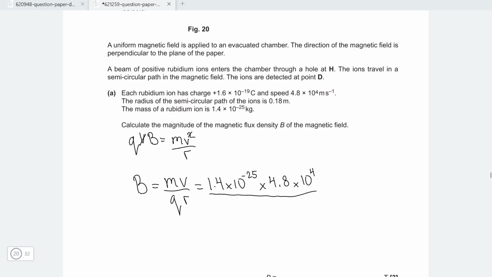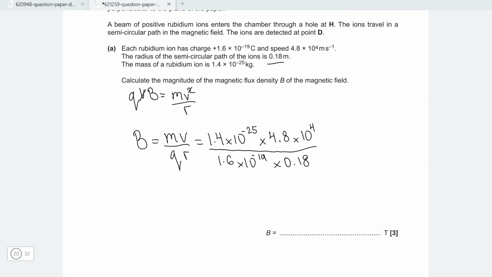Then we're going to be dividing this by the charge, which is just the elementary charge, so plus 1.6 times 10 to the power of minus 19, and we're given the radius to be 0.18. Once we plug these into a scientific calculator, we are going to get about 0.23 Teslas.